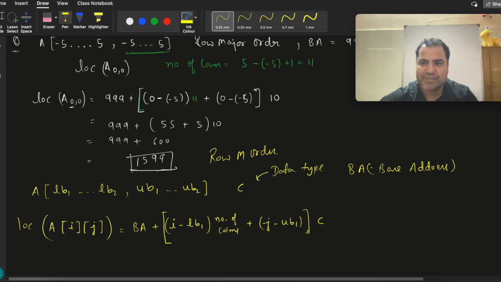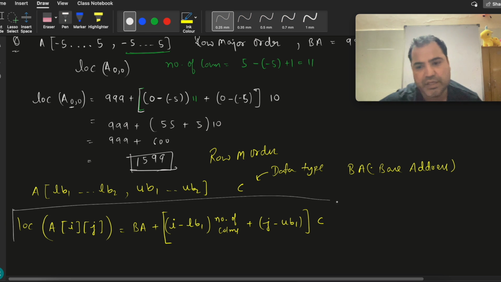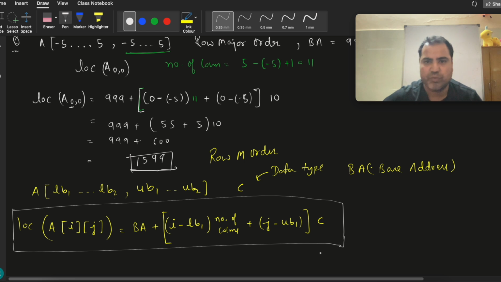This looks a bit tedious to write down, but it is very simple, which we have seen in the example. The formula turns out to be like this, right? This is how we should do this formula.